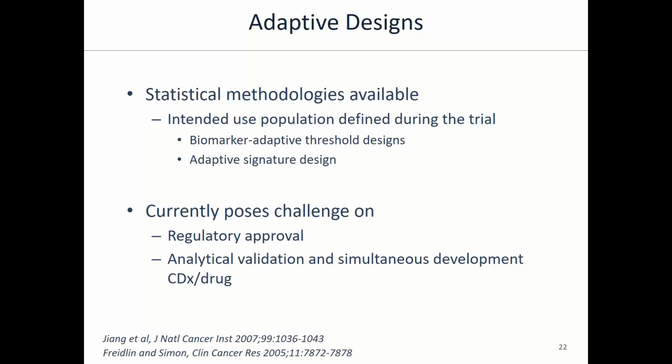And of course, it's the cutoff that sets the intended use population and will define which patients are part of this population and which are not. The other reason why it would be difficult for a companion diagnostic to derive the cutoff during the validation is that the analytical validation would need to be done together with the clinical workup for the drug, and the analytical validation, as I will show, relies on this cutoff.